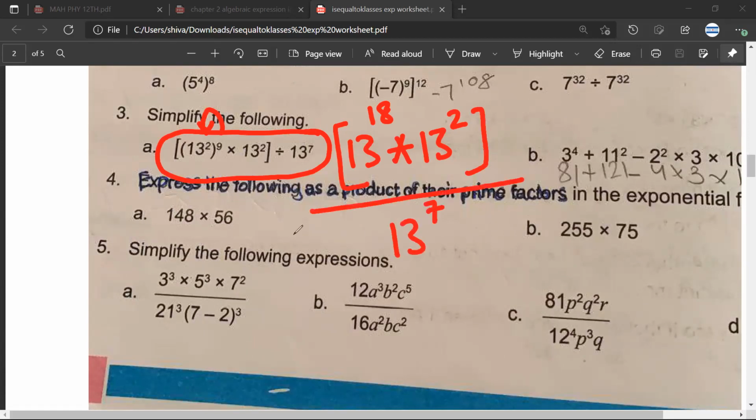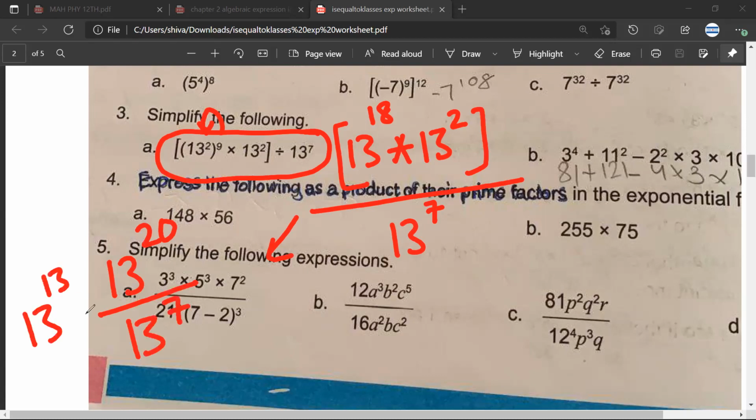So that will be 13 into 13. After that, Sarthak, are we clear? Yes, sir. Mr. Satya, are we clear?